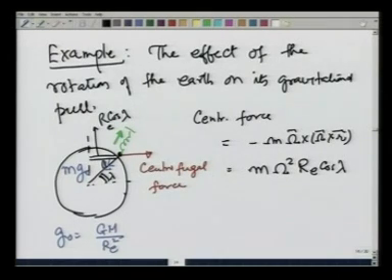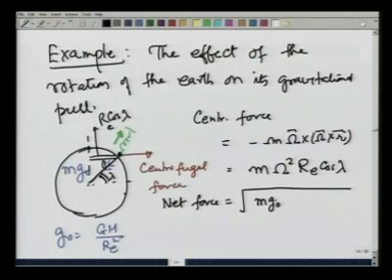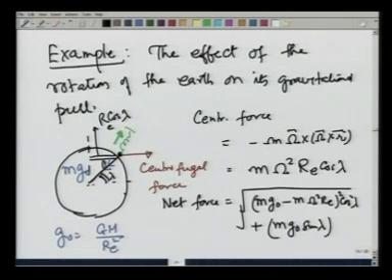So the net force due to mg0 and this force is going to be the square root of (mg0 minus m omega square re cosine lambda) squared plus (m g0 sine lambda) squared.